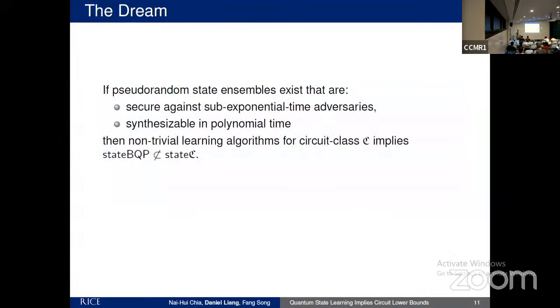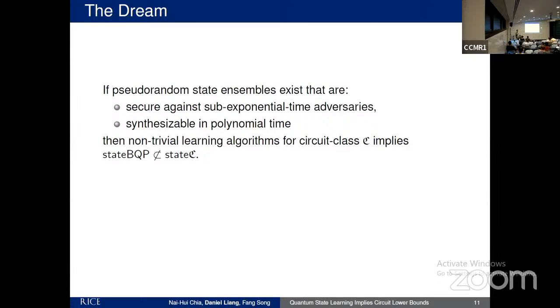And basically, a dream goal of ours would be to say that if pseudorandom state ensembles exist that have really strong security, so they're secure against very, very strong adversaries, but they're also efficiently synthesizable, then any non-trivial learning algorithm for a circuit class C would imply the following circuit lower bound.